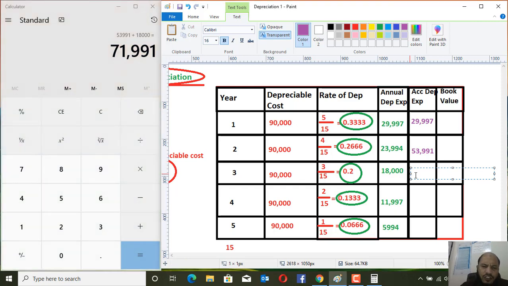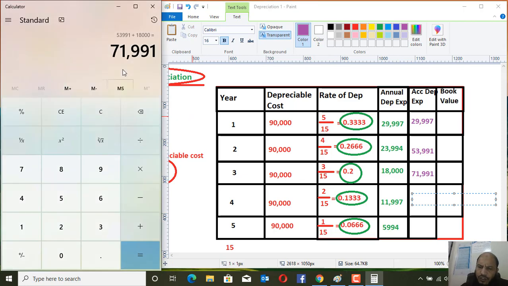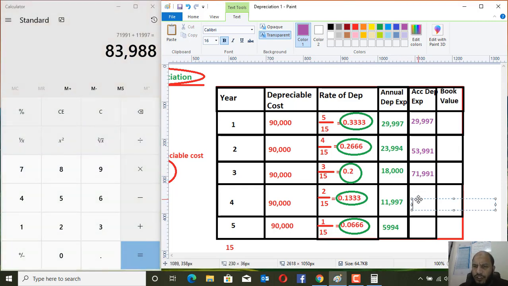It will give us a result of 71,991. Then we will add the 11,997 with it. How much is it equal to? It is equal to 83,988.